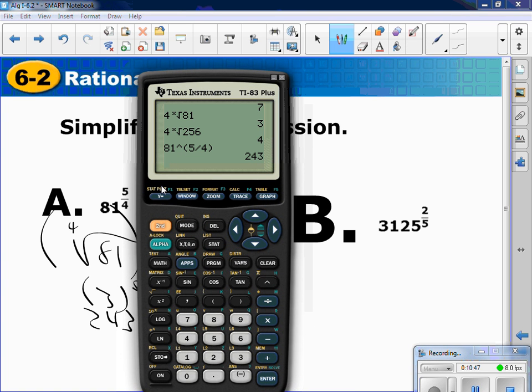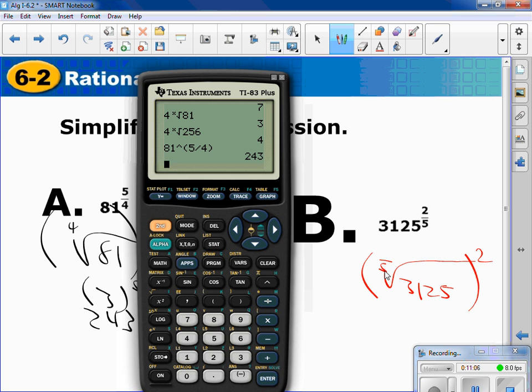Here's this one. I'm going to rewrite this as the fifth root of 3125. I'm going to put the squared on the outside because I don't want to figure out what 3,125 squared is. It's a very large number.